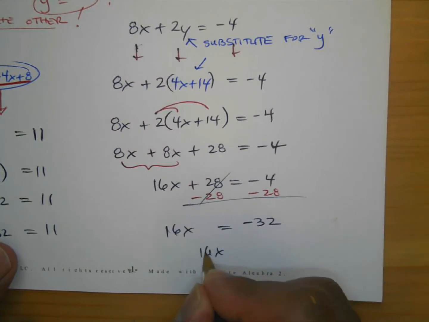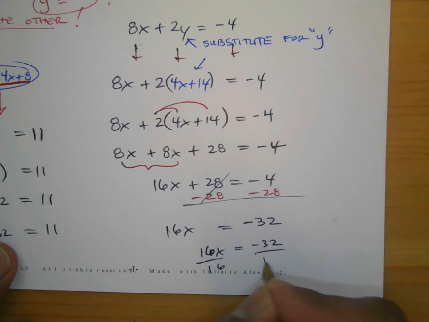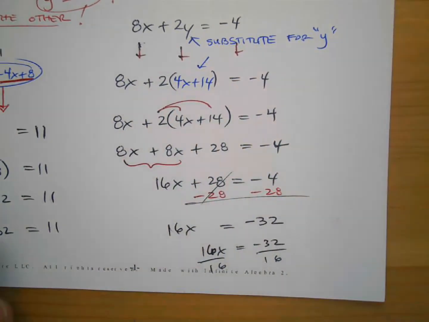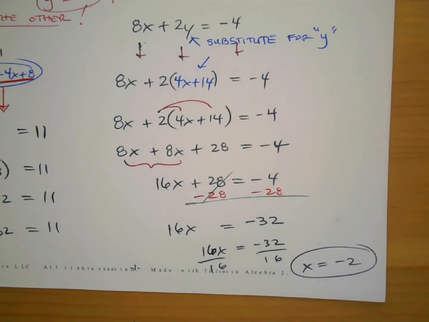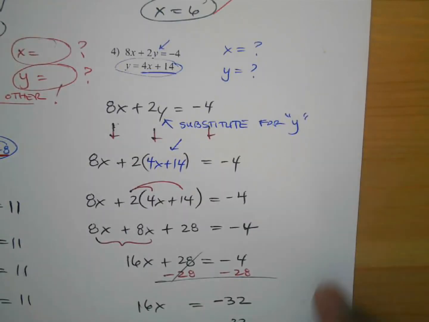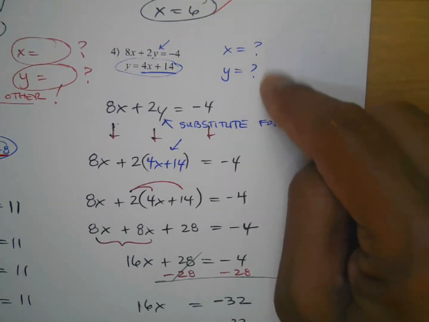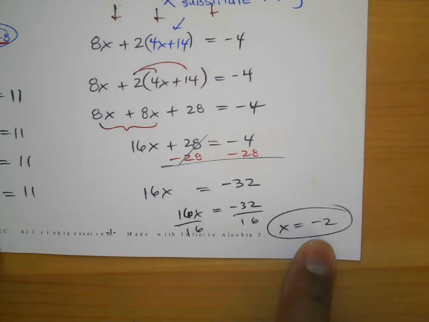And when you divide by 16, you're going to get x equals -2. Found one of the coordinates. Not finished. Remember, these problems, you have to find two answers, or two coordinates, two values. It took me all this work to just find one of them.